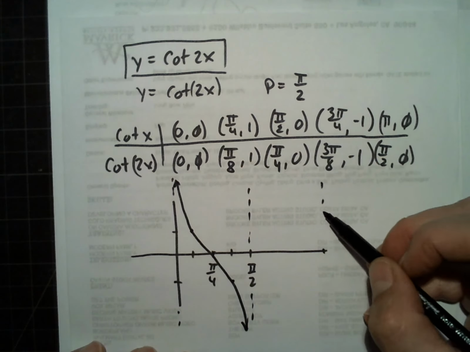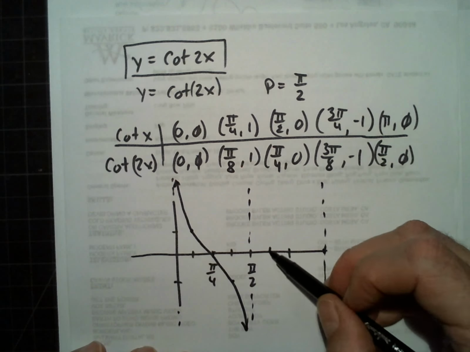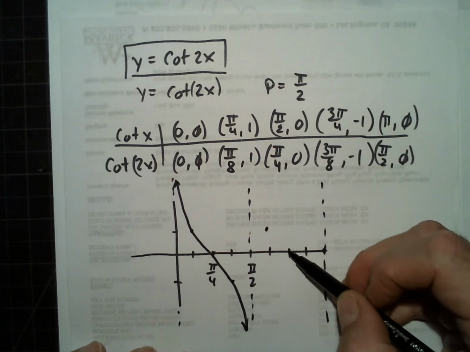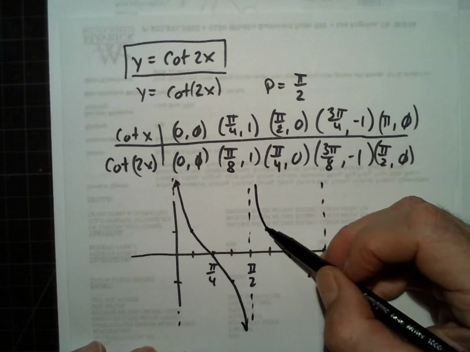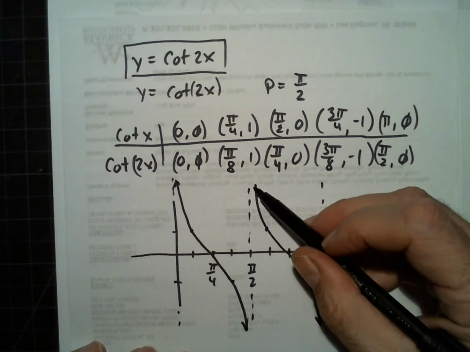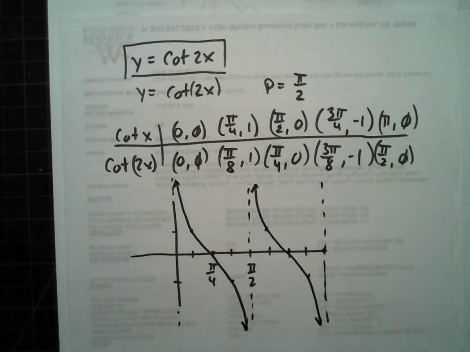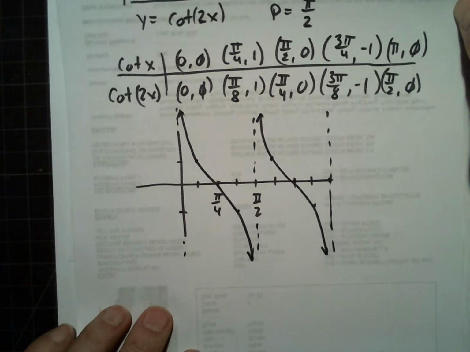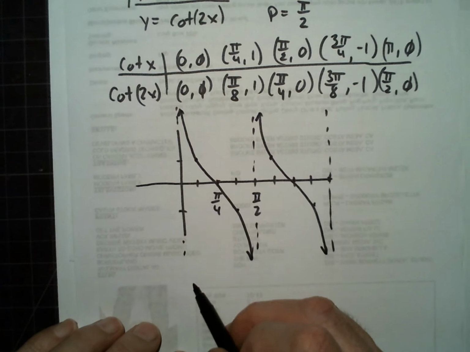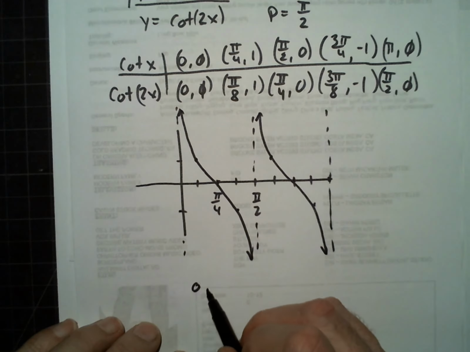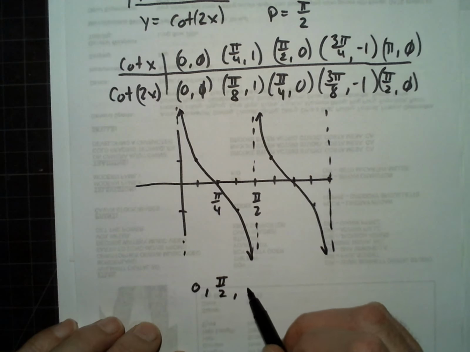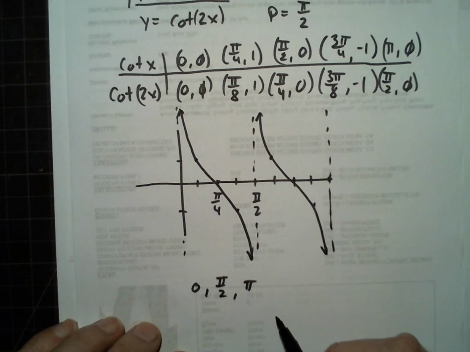We can do another cycle. And then we can look at where the asymptotes are. The asymptotes are at 0, pi over 2, pi.